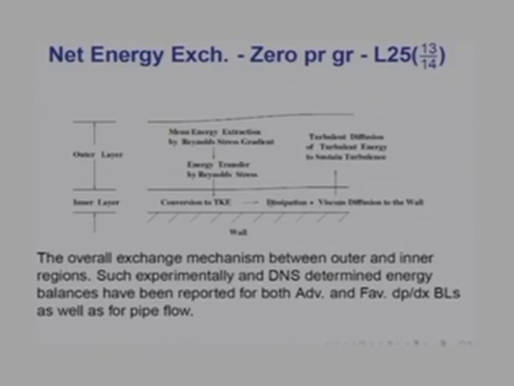But then we also observed that there is a mechanism whereby turbulent diffusion of turbulent kinetic energy is from the inner layer to the outer layer, which really sustains turbulence. Such experimentally and DNS determined energy balances for the exchange mechanism between outer and inner regions have been reported for adverse pressure gradient and favorable pressure gradient boundary layers, as well as for pipe flows, flows between two infinite parallel plates and so on.